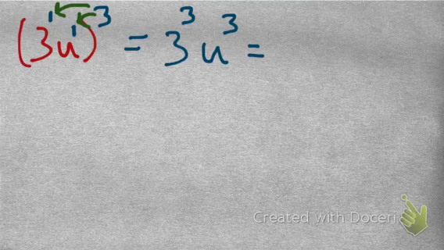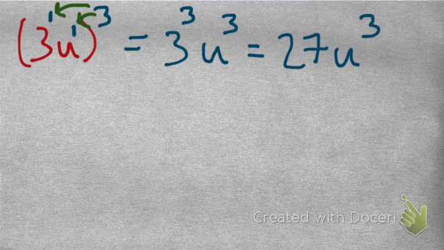And I can multiply out 3 copies of 3, because I know what 3 is. I can actually write the value of that without a power. So 3 times 3 is 9, times another 3 would be 27. So the most simplified way to write this would be 27u cubed.